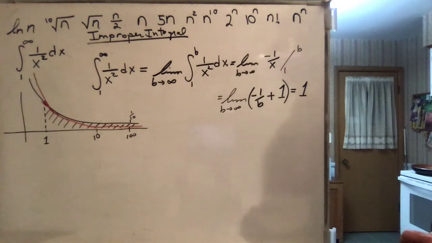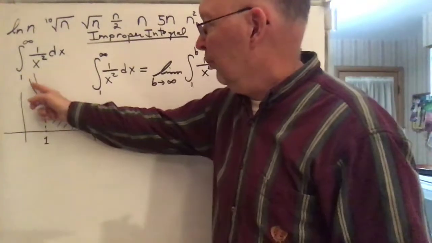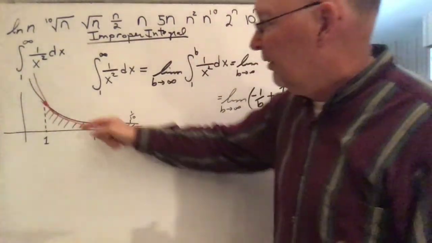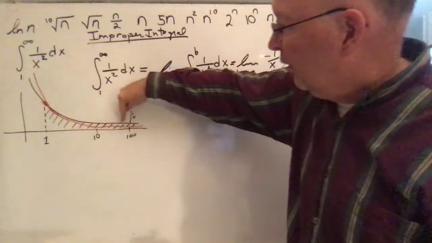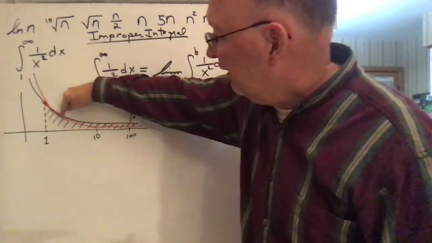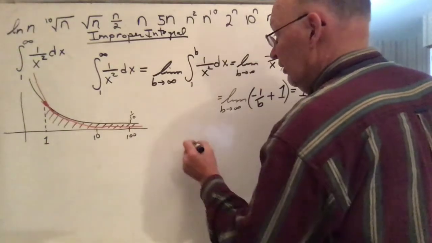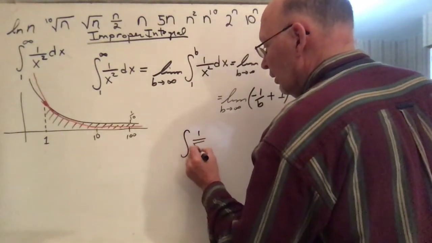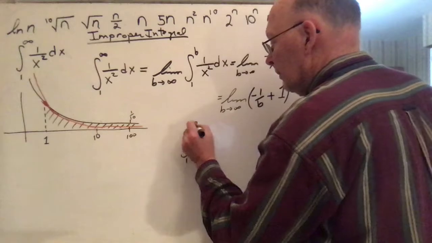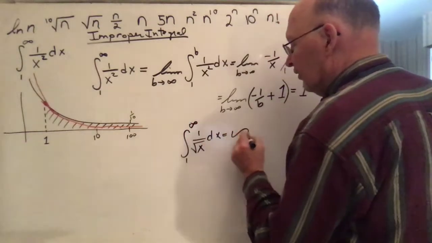Okay? So let me explain what we just did here. We just showed that you can have two graphs that look pretty much the same, but the area underneath the first one was infinite, whereas the area underneath the second one was finite. This one here is infinite.